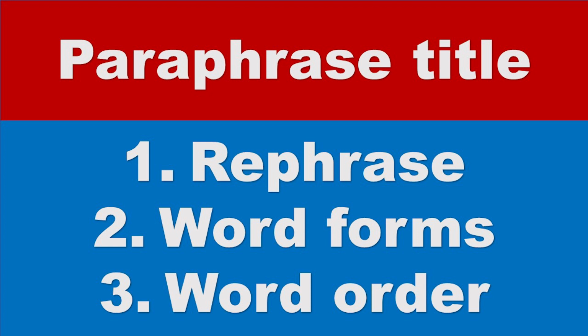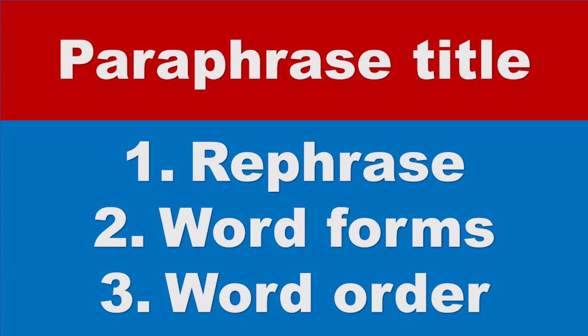Then we want to look for opportunities to change word forms, such as a noun to a verb or a verb to a noun. This is another aspect of paraphrasing, and this feeds into the third way we can paraphrase, which is to move words around in sentences. And this naturally occurs when you start changing nouns to verbs and verbs to nouns.